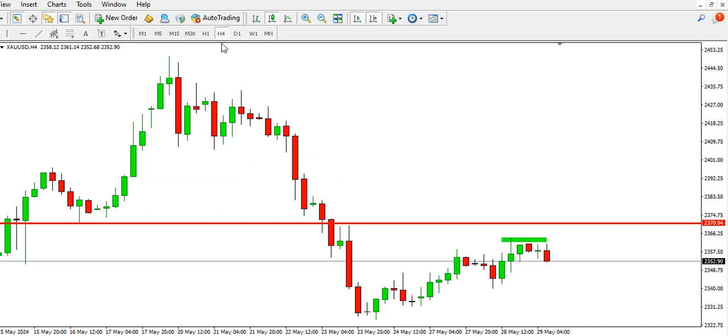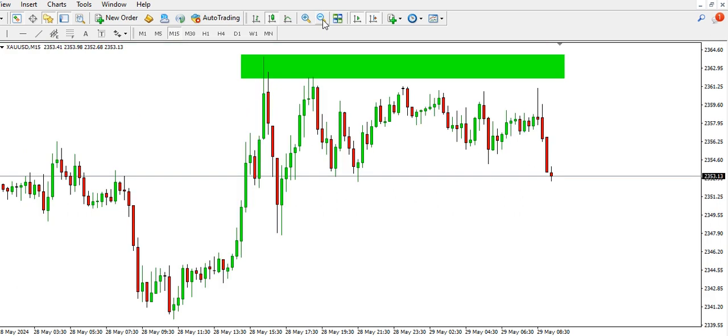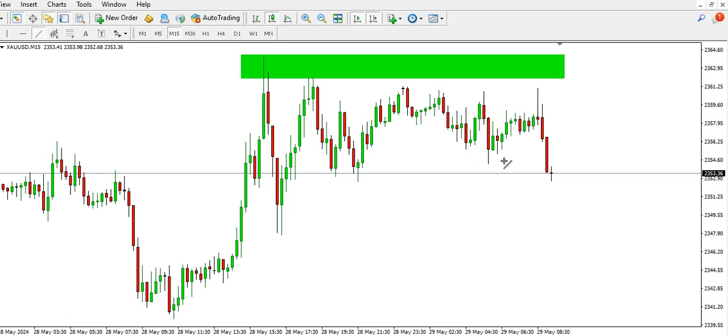Now on the 15-minute time frame, you can see that after ranging for some time, price has started to drop. We can see this particular triangle. A triangle was formed, and we have an initial break above to deceive the buyers. Then we can see price finally dropping.